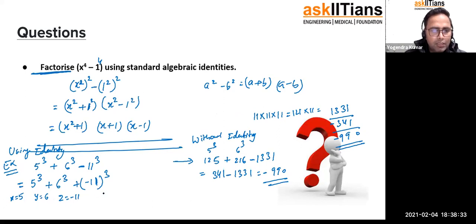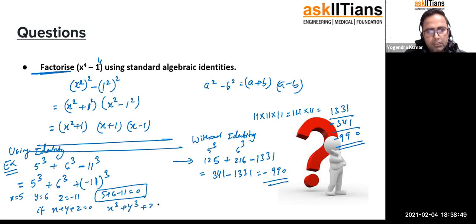What is the sum of these? 5 plus 6 minus 11 is equal to 0, right? Perfect. So if x plus y plus z is equal to 0, x cube plus y cube plus z cube is going to give us 3xyz. I hope you're understanding this.